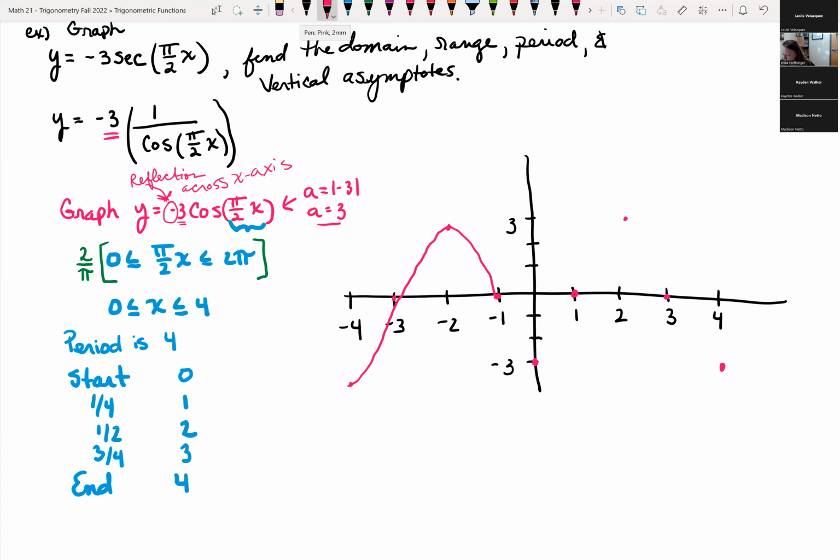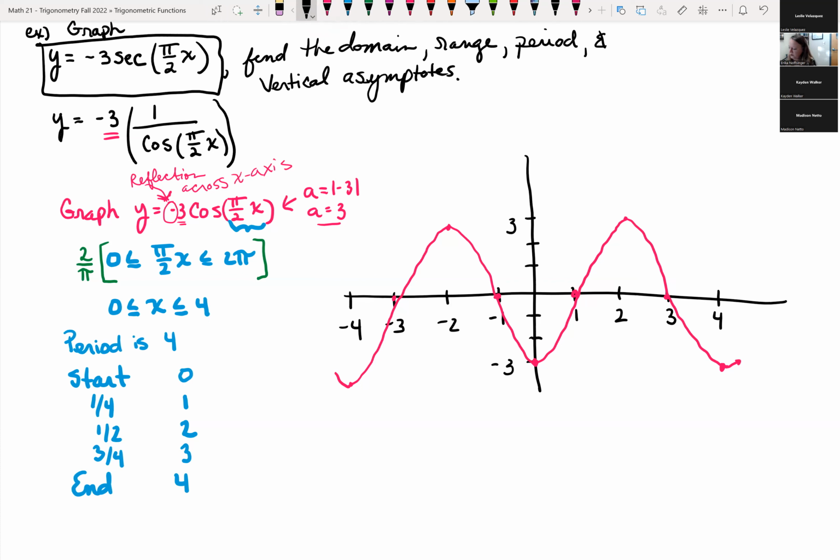So these values where we're crossing the x-axis, these are values which are setting our denominator equals 0 for that secant function. And so for the secant function, our vertical asymptotes are at the equation of the lines x equals -3, -1, 1, 3.